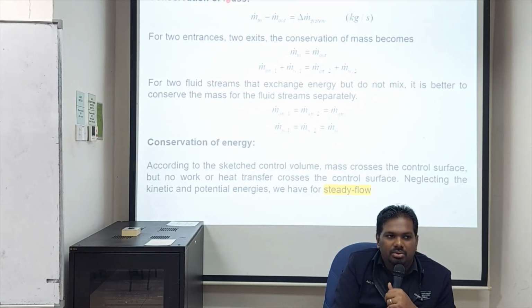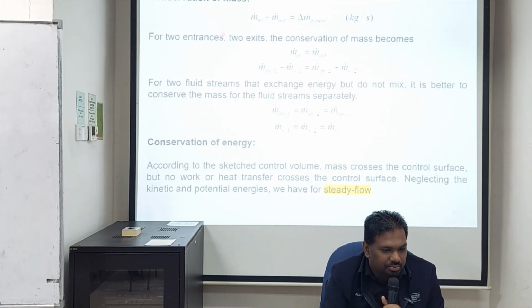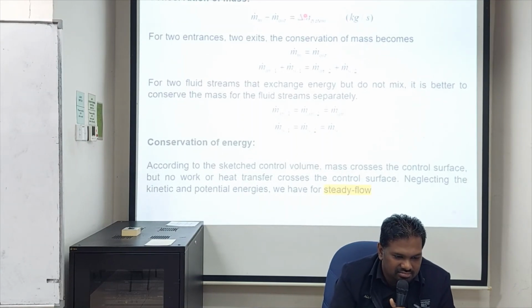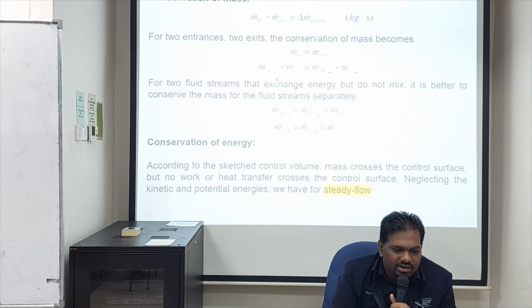Okay, so untuk open system you kena buat conservation of mass dulu. Okay, so mass in minus mass out equals to changes in the system. So two entrance, two exit. So sebab itu ada dekat sini. So M_a1 plus M_w1, so water, sama dengan M_a2 plus M_w2.